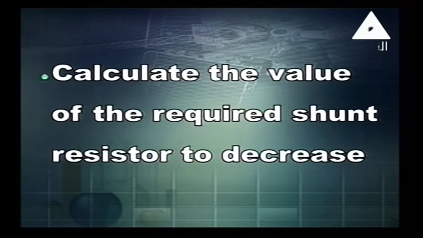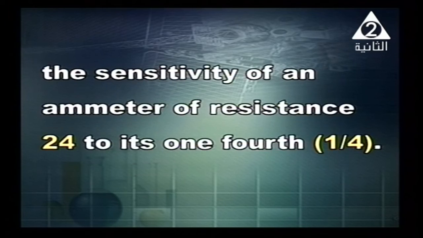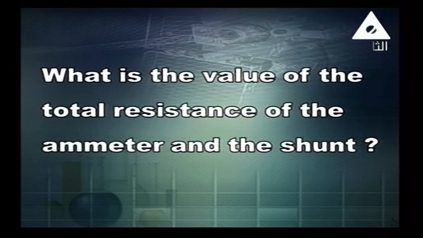Find the value of the required shunt resistor to decrease the sensitivity of an ammeter of resistance 24 ohm to 1/4. What is the value of the total resistance of the ammeter and the shunt? The resistance of the galvanometer equals 24. We want to reduce sensitivity to 1/4.